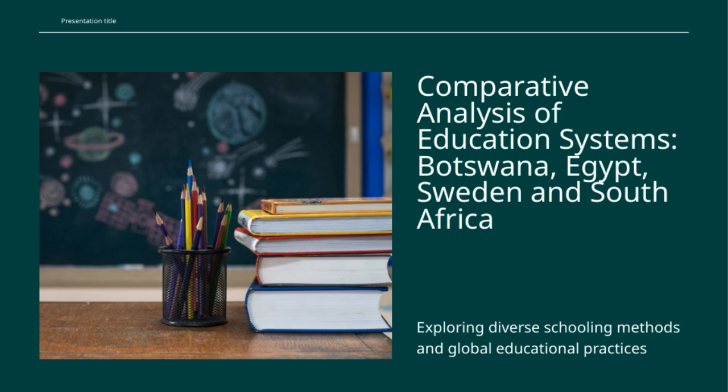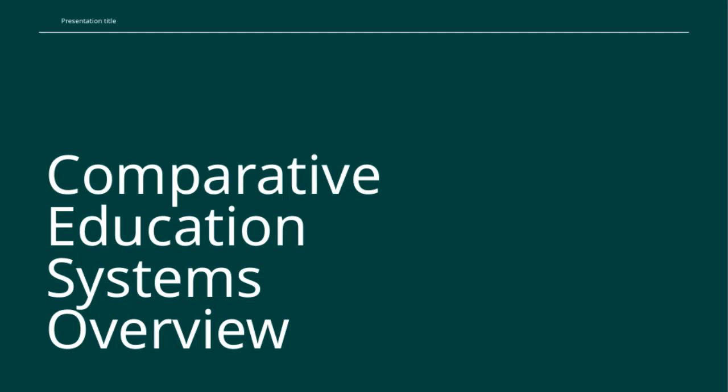Let's get started. Welcome to our second slide, where we'll be taking a broad look at comparative education systems overview. Here, the focus is on understanding the key differences and similarities among various education systems around the world. This overview sets the foundation for our entire discussion, helping us see how different countries approach education, what factors influence their strategies, and how these insights can inform our own practices.